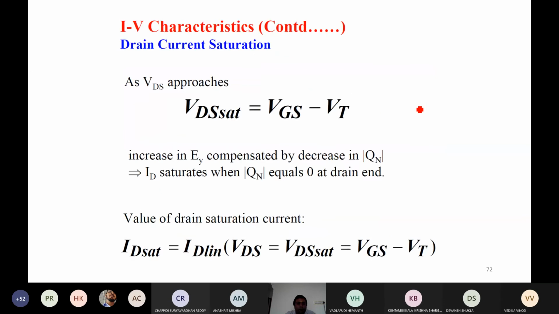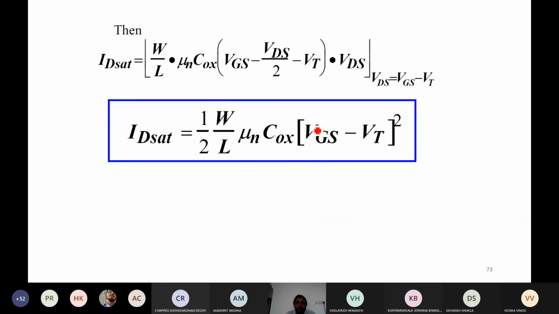So you can use the ID linear equation, but you should replace VDS by VDsat, which is equal to VGS minus Vt. We are replacing VDS equal to VGS minus Vt in the linear equation. Then we are getting IDsat equal to half W by L mu n COX (VGS minus Vt) squared. So this is the equation for the saturation region.